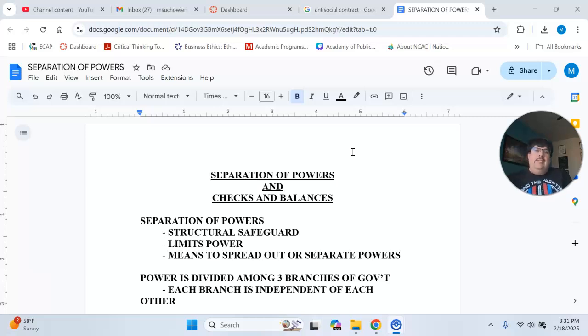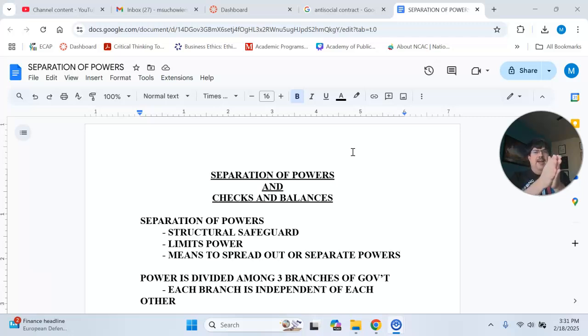So the separation of powers, as I wrote on here as well, is a structural safeguard. It is a way for our government to chop up how we exercise the power vested in the constitutional government. Now, to protect us from power, we tend to divide it. To exercise power, we have to unite it.